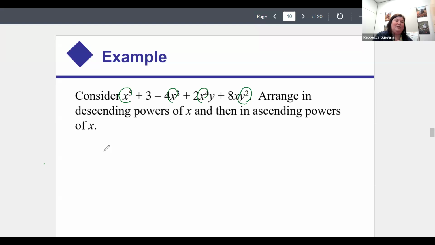Oftentimes when we have polynomials with multiple variables, we will decide to arrange it by just one of the variables. We're going to have descending powers of x and then ascending.